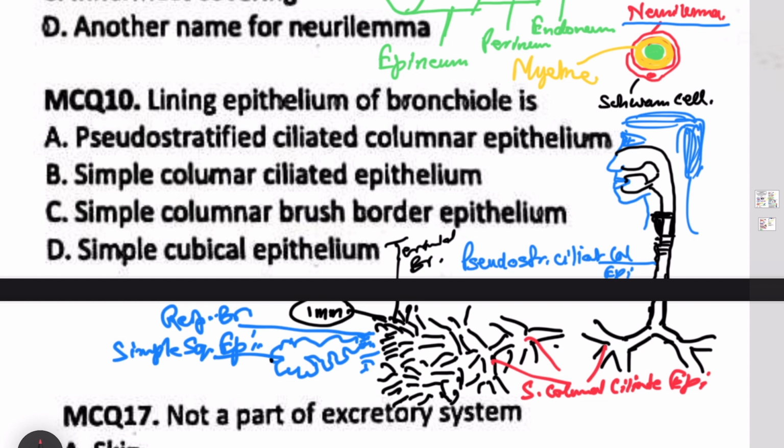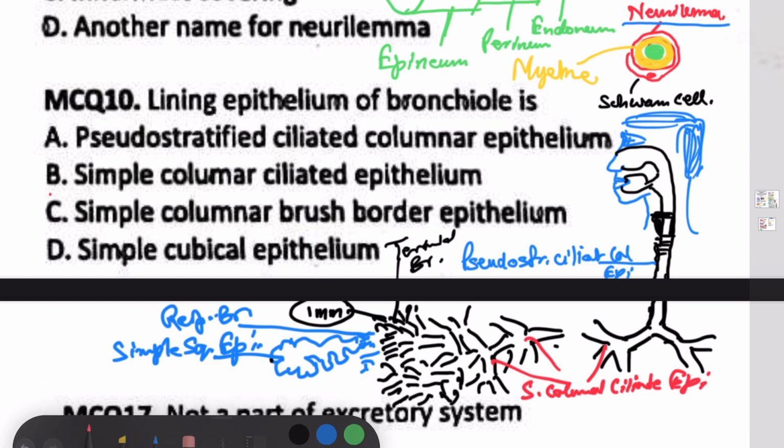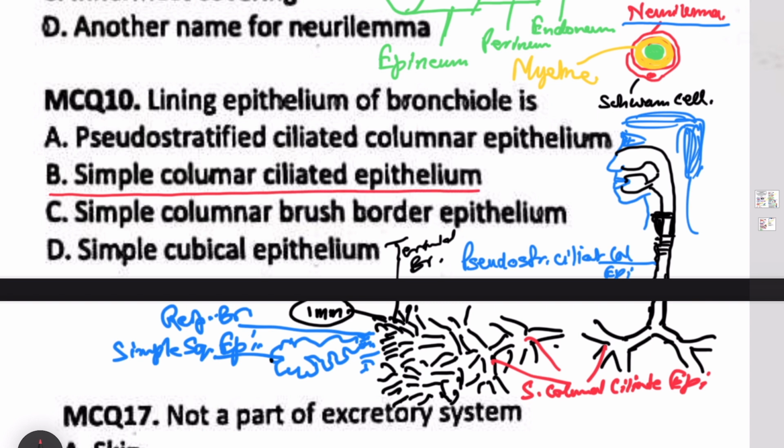When this airway passage is devoid of cartilage, it's called bronchioles. All this is important for your revision. I keep reminding you of important facts. Then the answer is: lining of the bronchiole will be simple columnar ciliated epithelium.